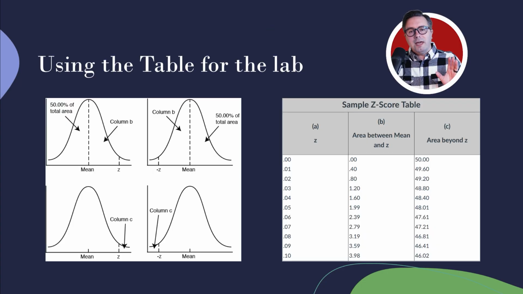The table gives you three columns: the z-score, so you can look up the different z-scores; B, the area between the mean and z; and C, the area beyond z. Note that B and C are both percentages. Notice that when z is 0.10, in B the value is 3.98.